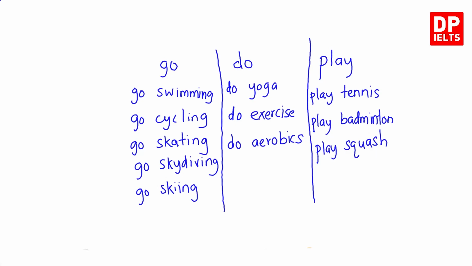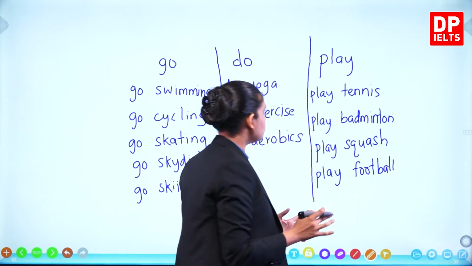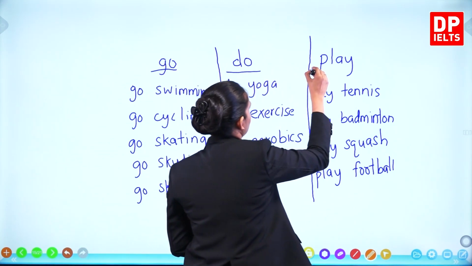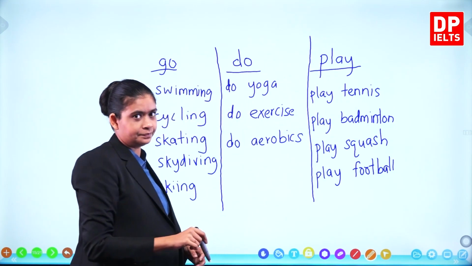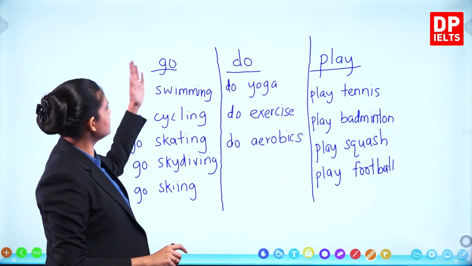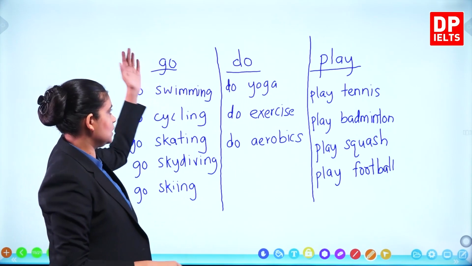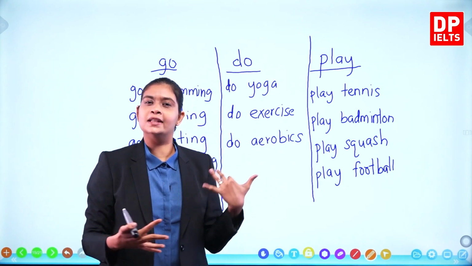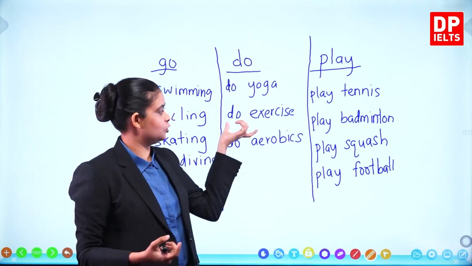Play table tennis. Play football. Play basketball. Usually if you use a ball, then we use the verb play. If it is an ing form, then we use it with go. Usually, if it is alone and it's usually for your body, we say do.